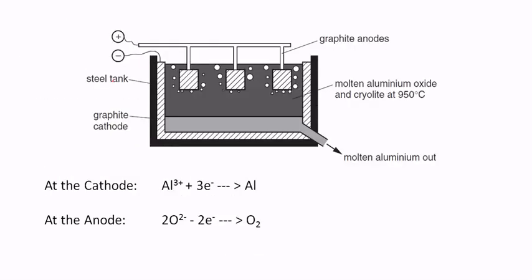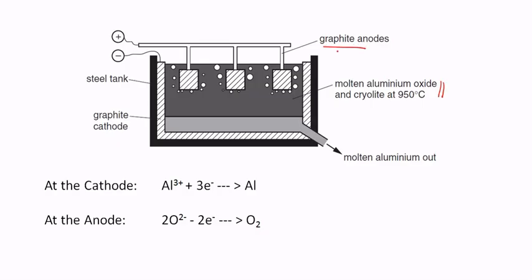So this diagram shows how the process takes place. We have a large steel tank, and we have the molten cryolite and the molten aluminium oxide as the ore.